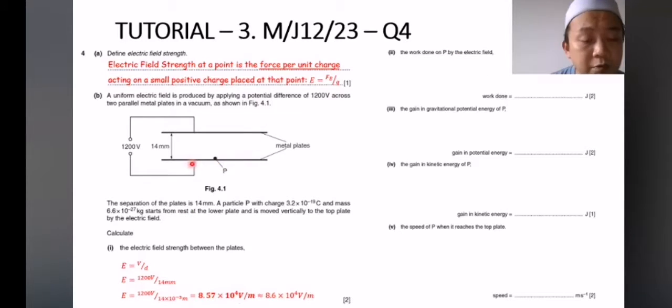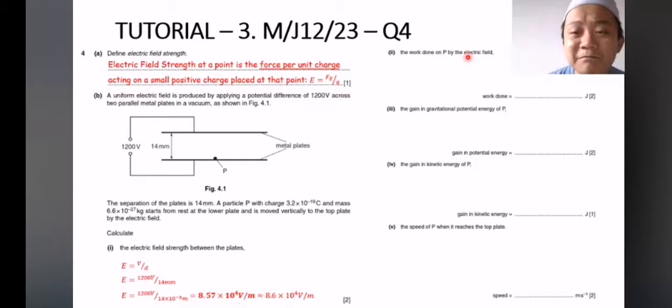Okay, the work done on P by the electric field. So if it is moving from the bottom plate to the top plate, assuming that it is a proton, see, you rasa dia proton sebab dia punya mass 10 to the power of minus 27 ke, ataupun sebab label dia P? Saja je.